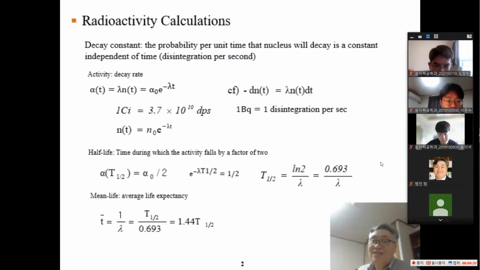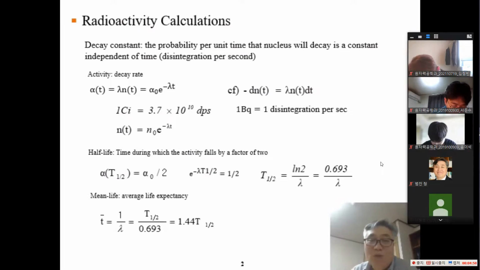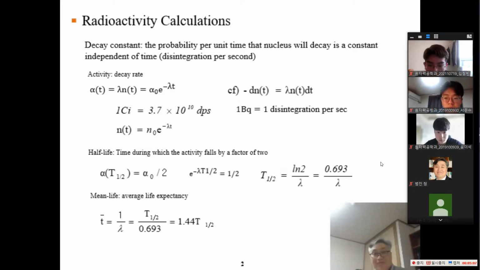It does not change, and after differentiation we have minus lambda as a coefficient, so the minus lambda appears before t. So we get alpha 0 times exponential of minus lambda t. That is the form of activity.